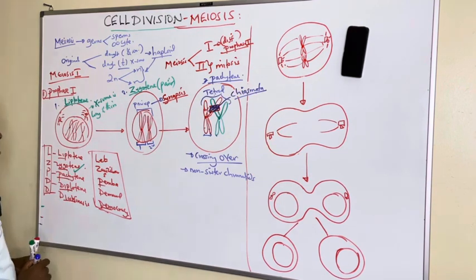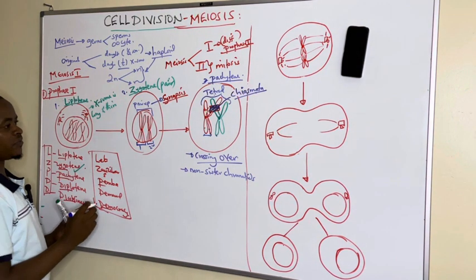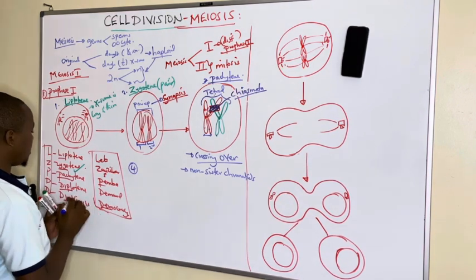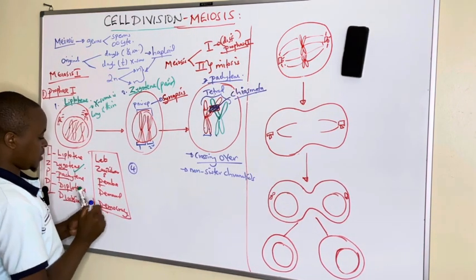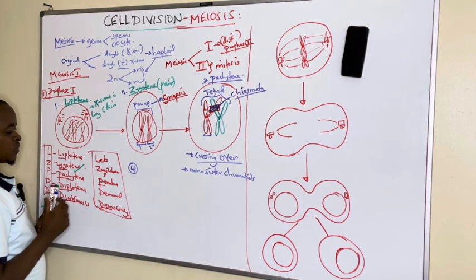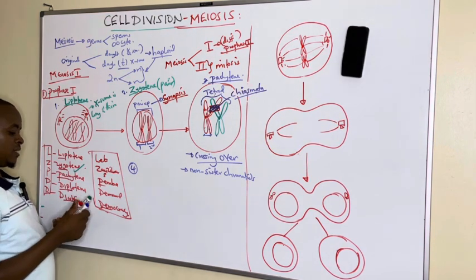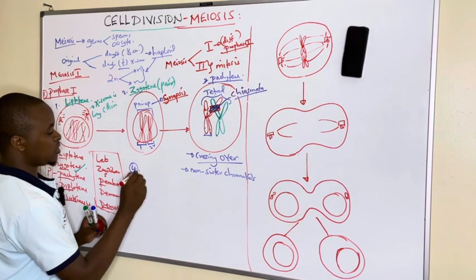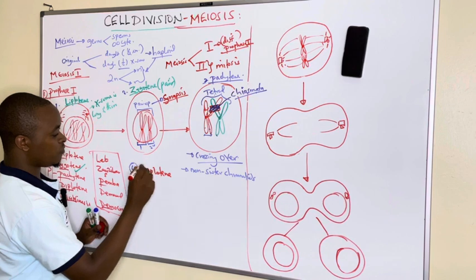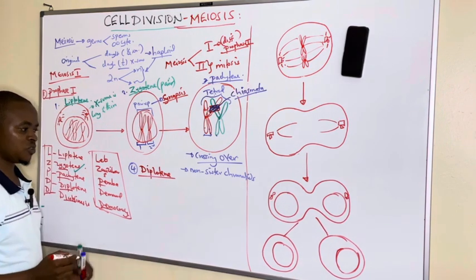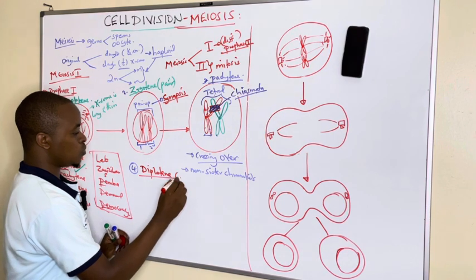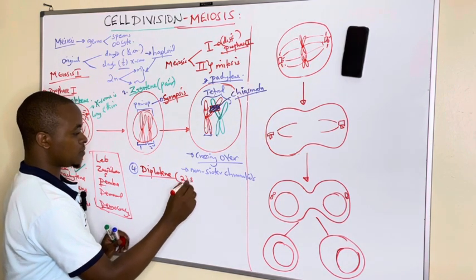And from pachytene, which is number 3, we go to step number 4, which is diplotene. Diplotene stage, whereby we are still using the mnemonic Zanzibar and Pemba demand democracy. In this process, we are going to be talking about the diplotene stage of prophase 1 of meiosis 1. And diplo or di means two or separate.